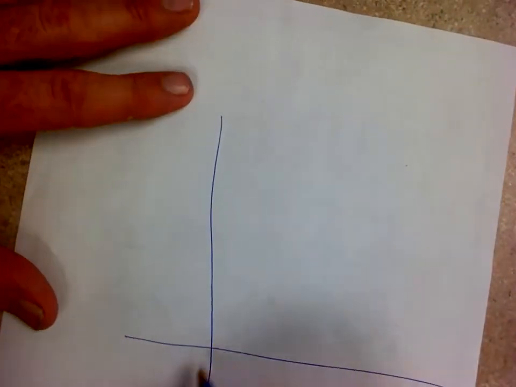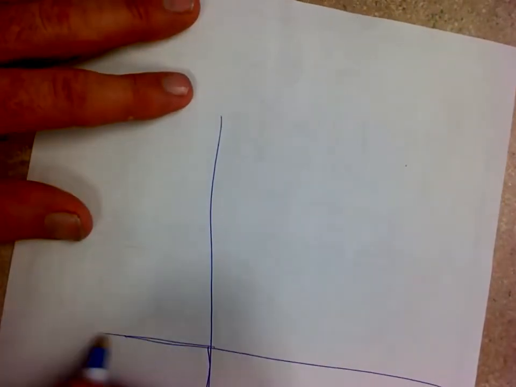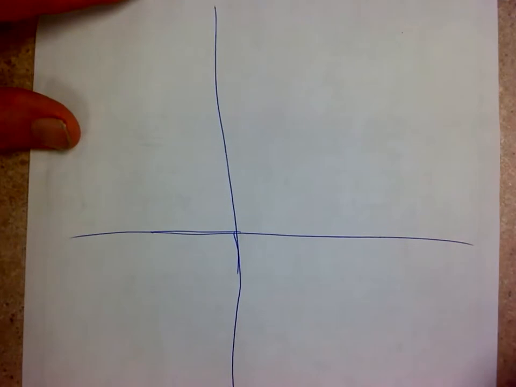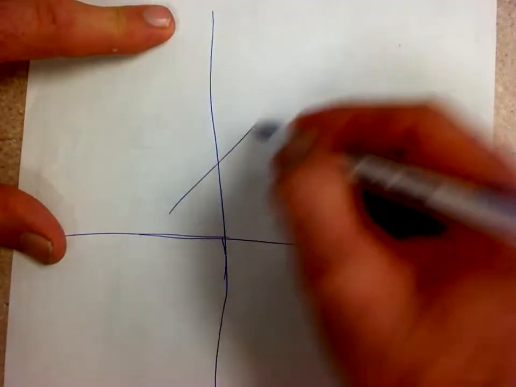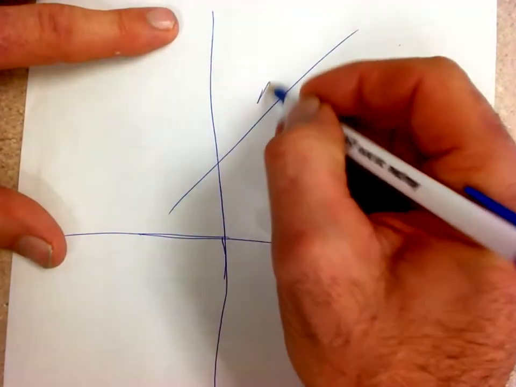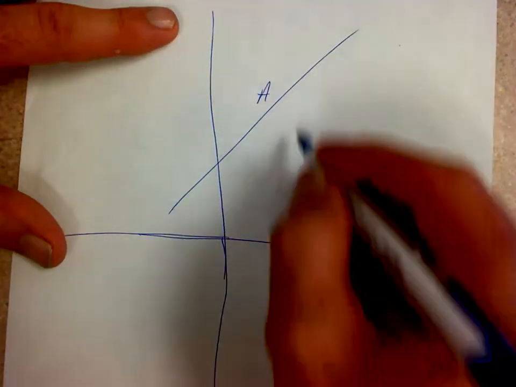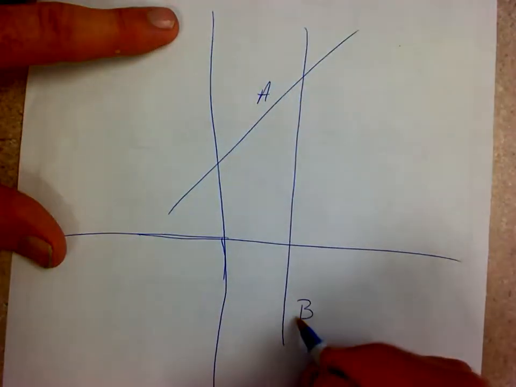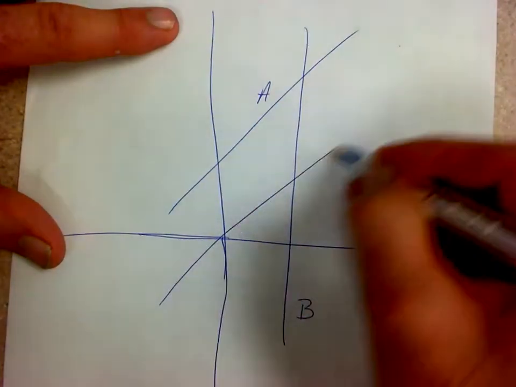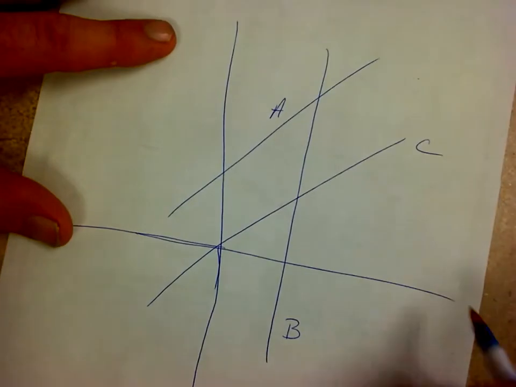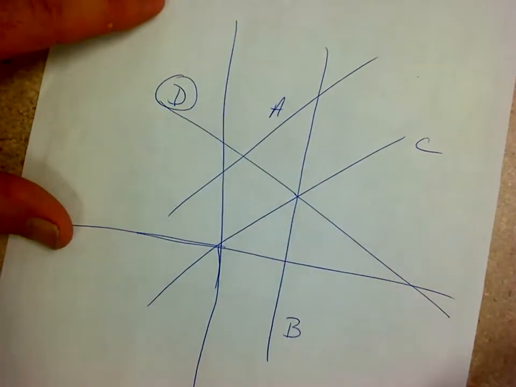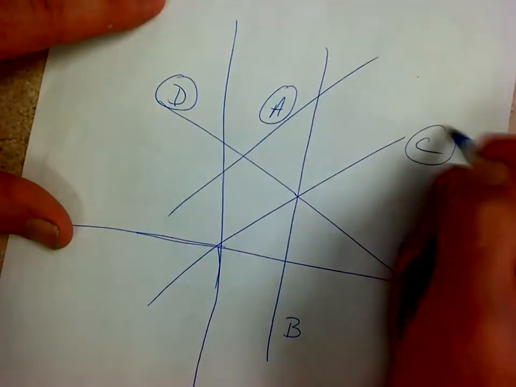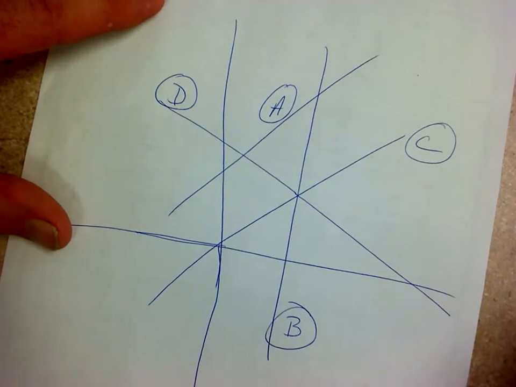Remember the last thing we introduced was our x and y axis. How do we know if a line on here is proportional? So there's line A, line B, line C, line D. Which one of these 4 lines is proportional?